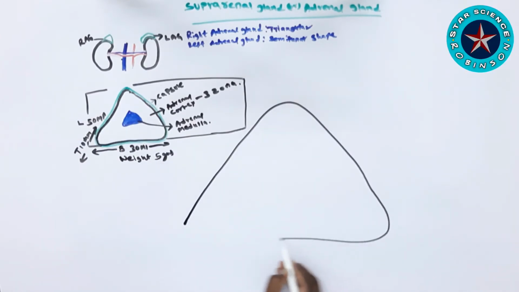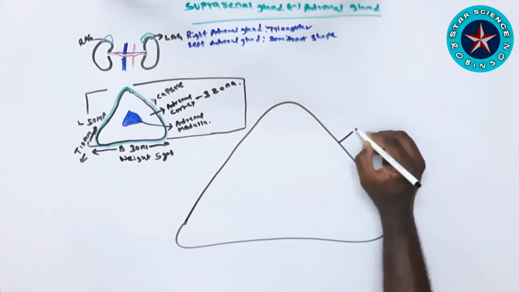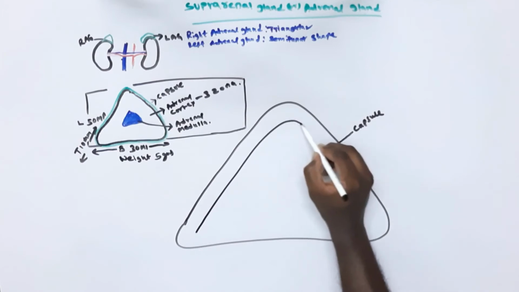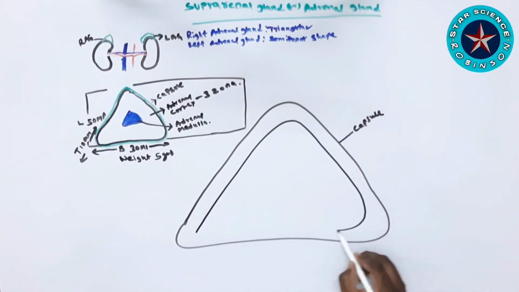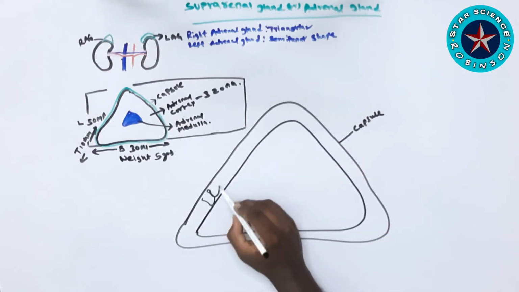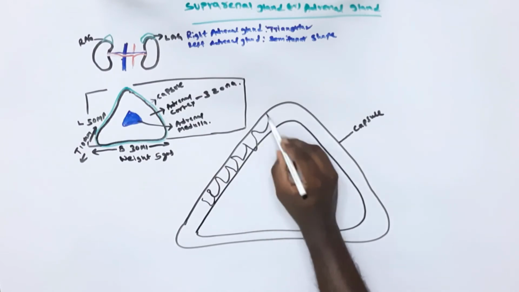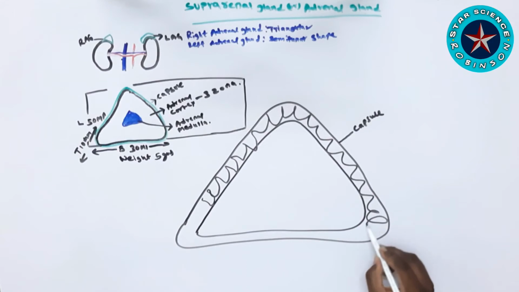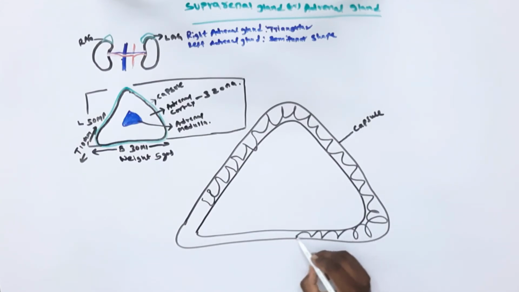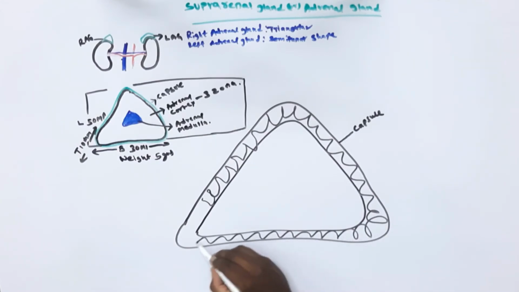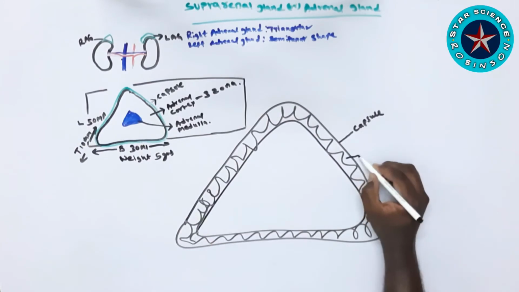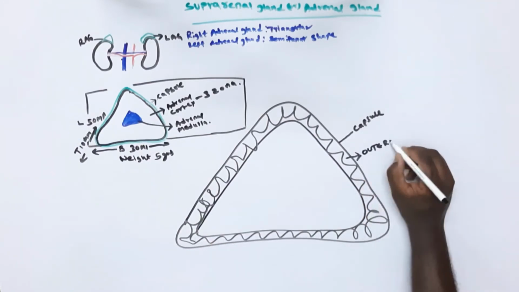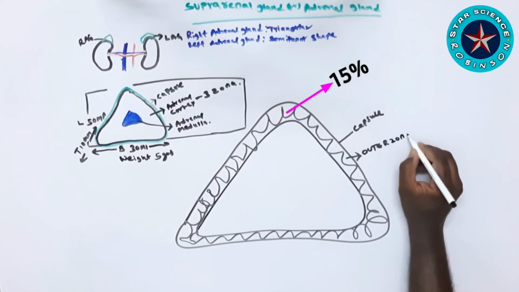Now in the bigger diagram of the adrenal gland, we see the capsule, and now we'll go to the inner portion: the outer layer is the cortex. In the cortex we have three zones. I am showing in black color the outer zona glomerulosa, around 15 percent.